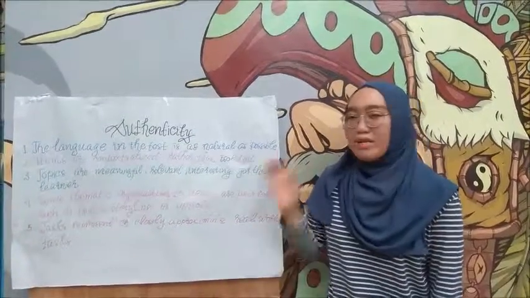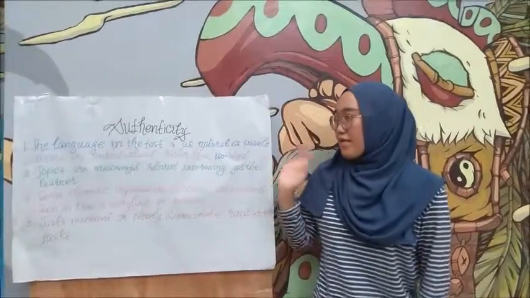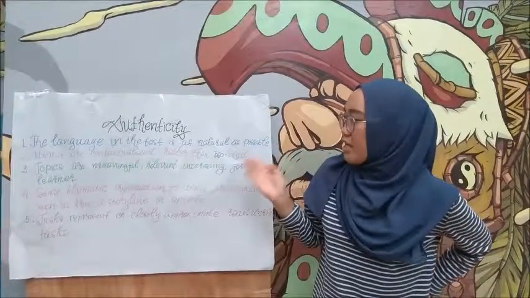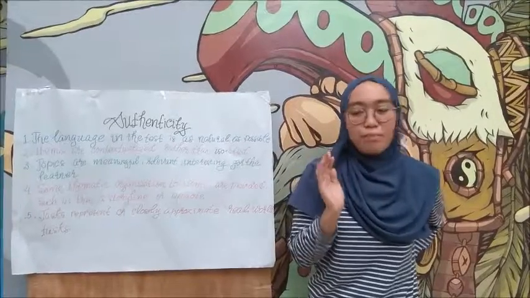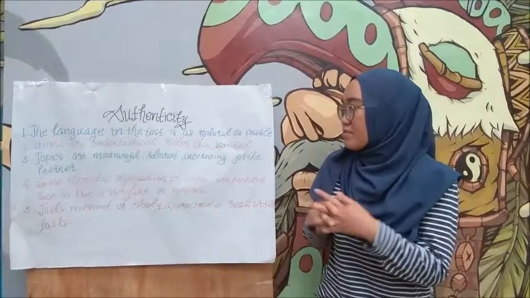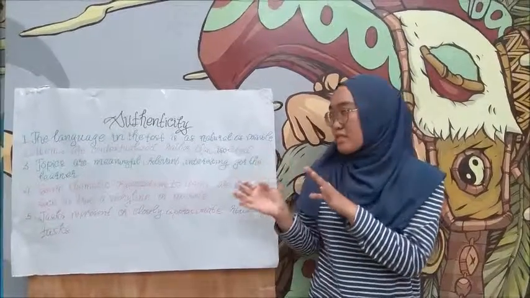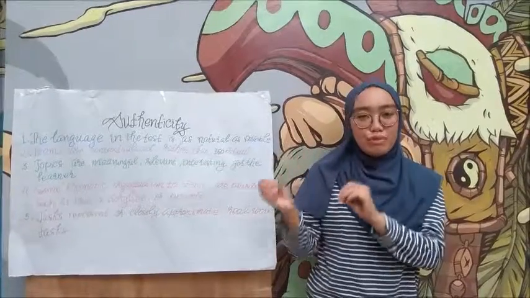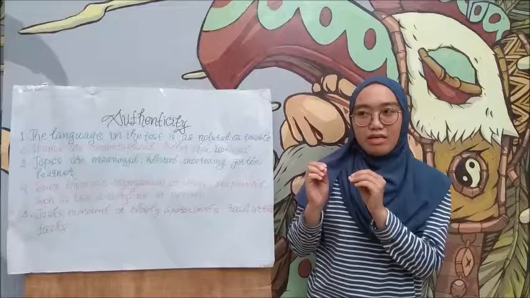There are many ways we can present authenticity values in a language test. There are 5 ways that I will explain. The first one is that the language used in the test has to be as natural as possible. Then the items have to be contextualized rather than isolated. The third one, the topic is meaningful: it has to be relevant and interesting to the learner.